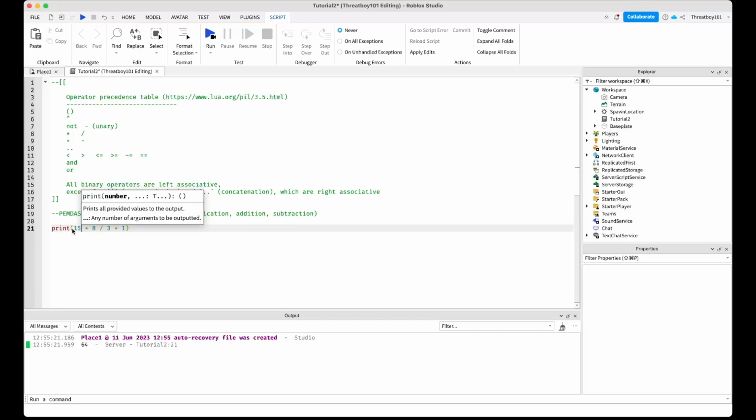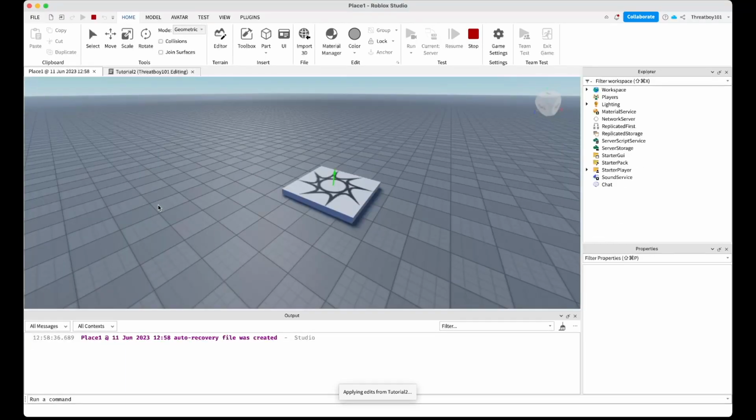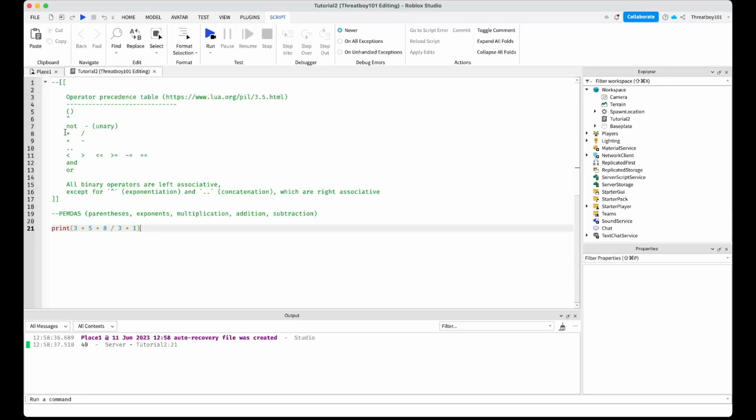You'll get 15, and then you do 15 times 8, which is 120, and then you do 120 divided by 3, which is 40, and then 40 times 1 is 40. So we should get 40 when we run this. And yes, we get 40. And you can apply this to any line here where we have operators on the same level. They will all have the same associativity, either left associative or right associative.